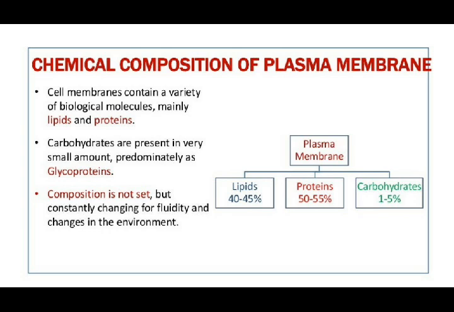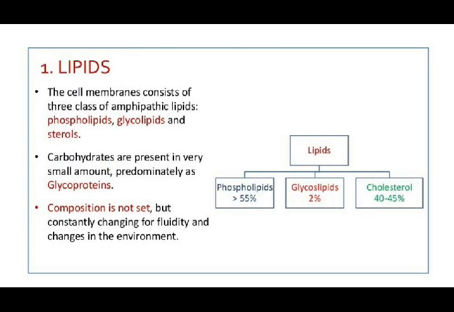In plasma membranes, lipid is nearly 40 to 45%, protein 50 to 55%, and carbohydrate 1 to 5%. Now we discuss one by one.